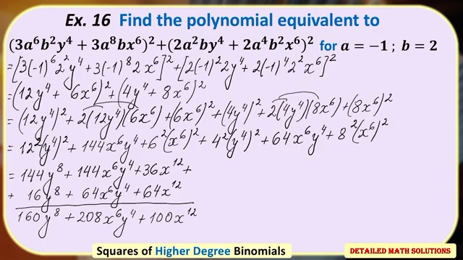And if I write this expression in a standard form where the variables are listed in alphabetical order, then this equals 100x to the 12th plus 208x to the 6th, y to the 4th, plus 160 y to the 8th power. This is the final answer for this exercise.